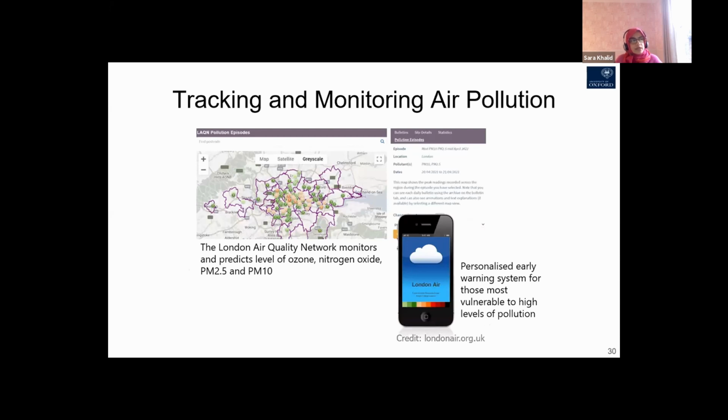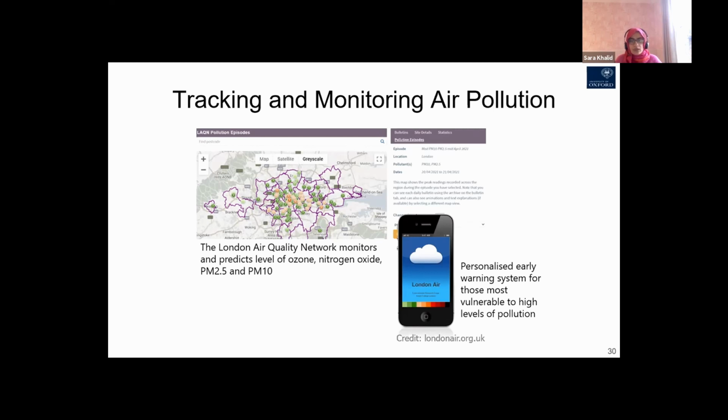Then another area where data science is involved in combating environmental and climate issues is tracking and monitoring of air pollution. So advances in sensor technology and advanced analytics have allowed air quality data to be leveraged on large scale. Two examples are the London Air Quality Network and the New York Air Quality Network, where sensors can be used to monitor and predict levels of air pollution.